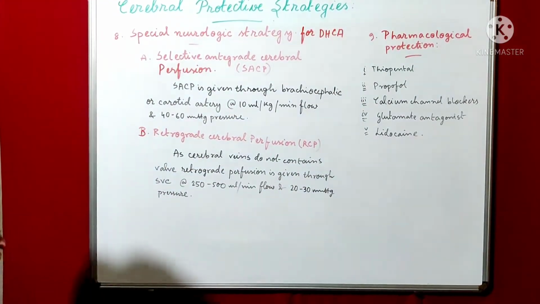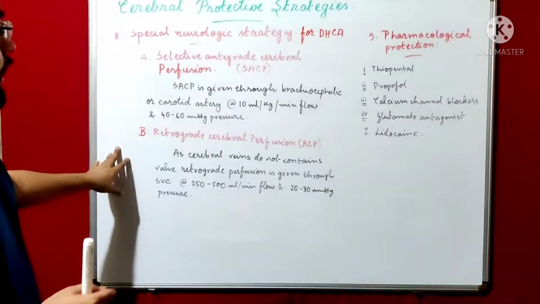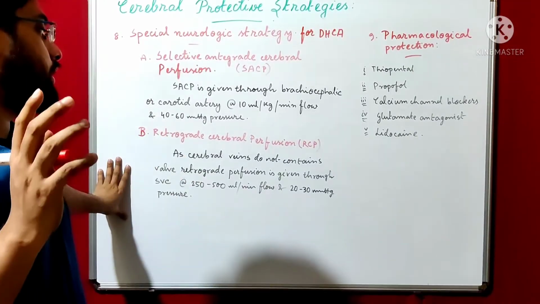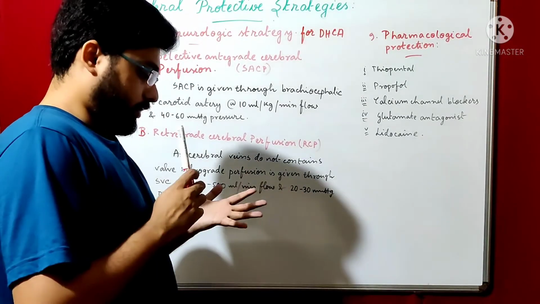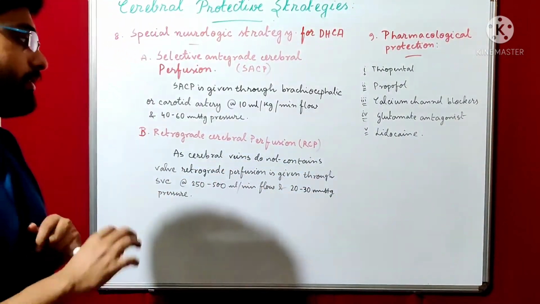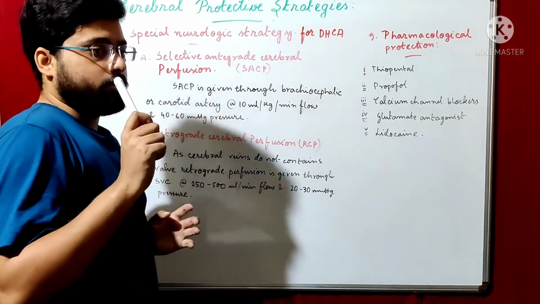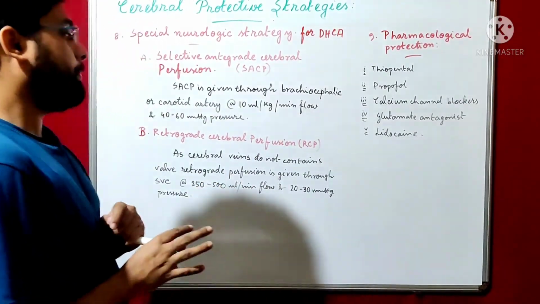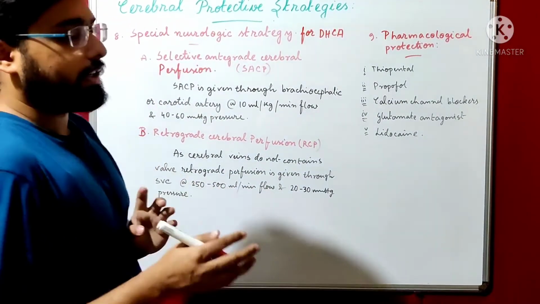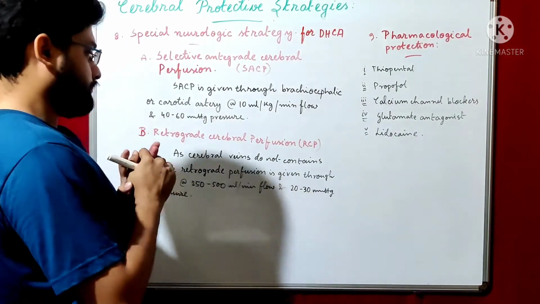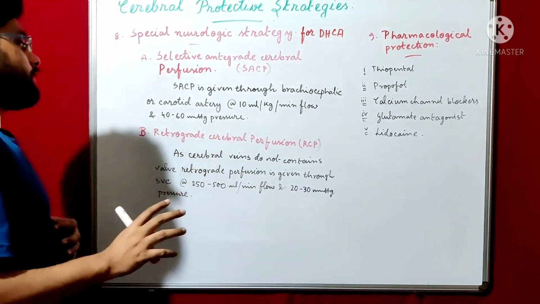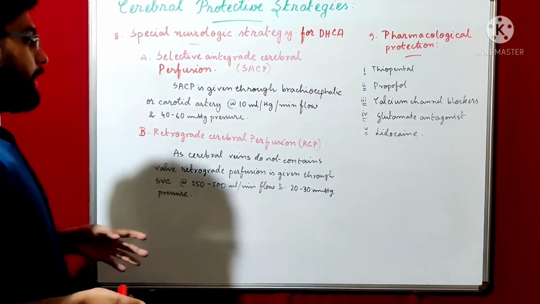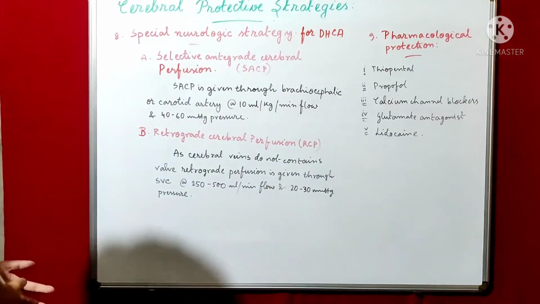Now, in our body, in each and every part, except the brain and heart, veins contain valves. So other than these two organs, we cannot give retrograde perfusion through the veins.